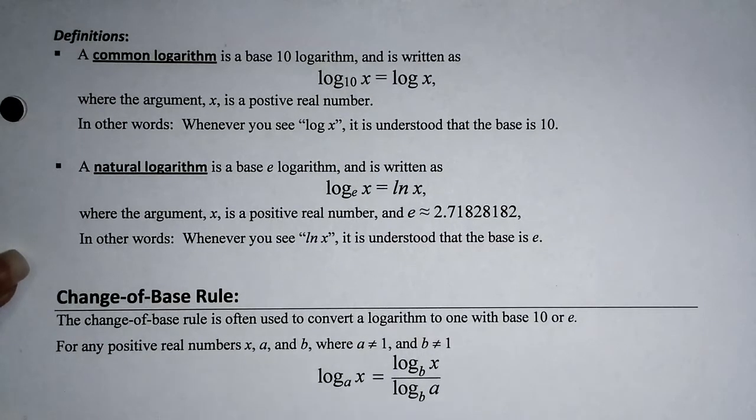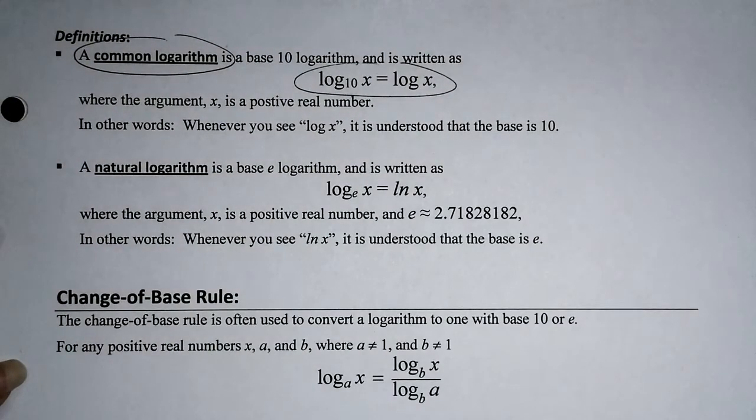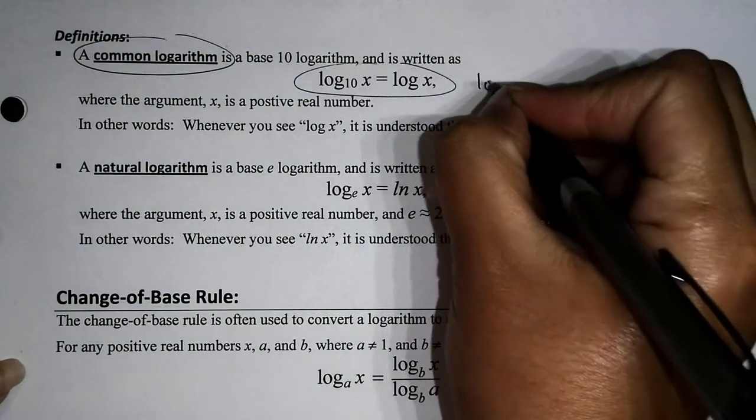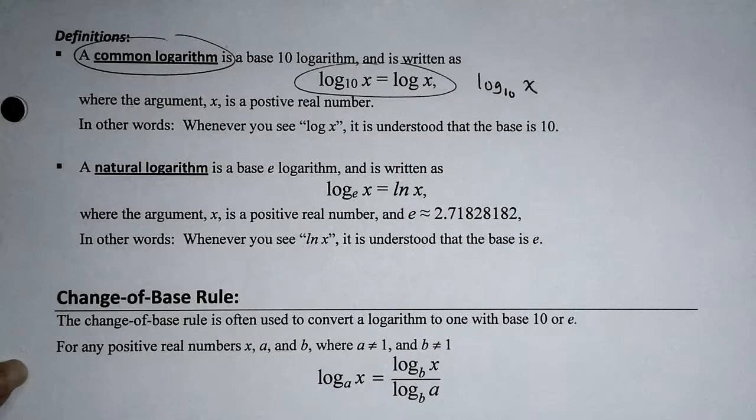Okay, common logarithm, what is that? Common logarithm is the special name given to a logarithm of base 10. So I'm just gonna copy this over because I like to freehand things. So we have logarithm base 10 of x. Cool. In a textbook you will never see this, not because they don't want you to evaluate logarithms with base 10.